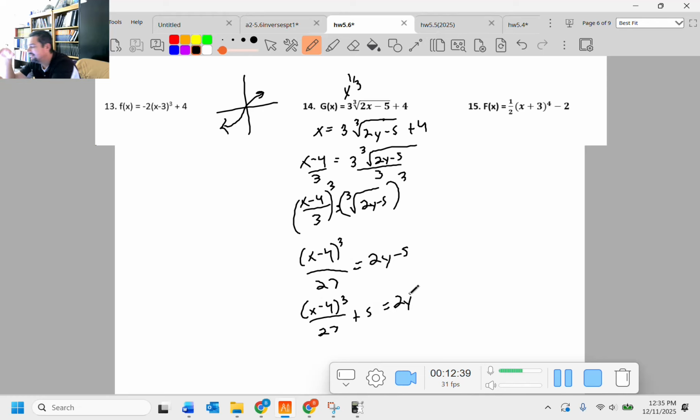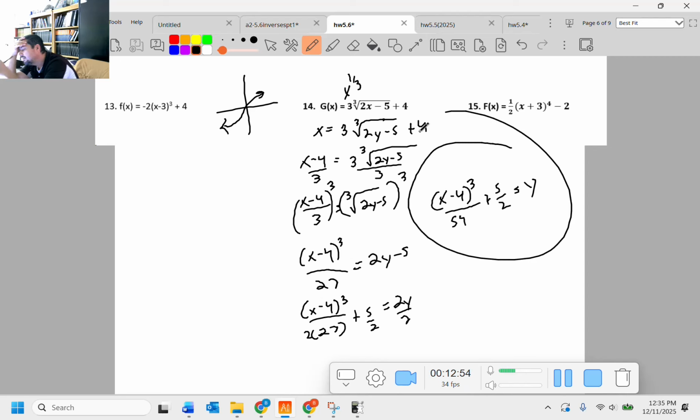Next move, divide by 2. And by the way, division happens in the denominator. Finally, x minus 4 cubed over 54 plus 5/2 is y. Easy peasy lemon squeezy, right?